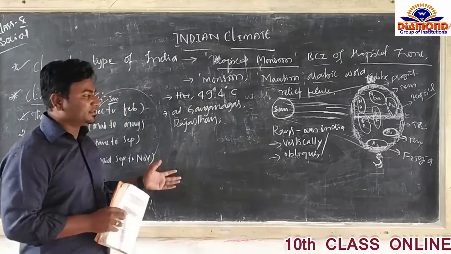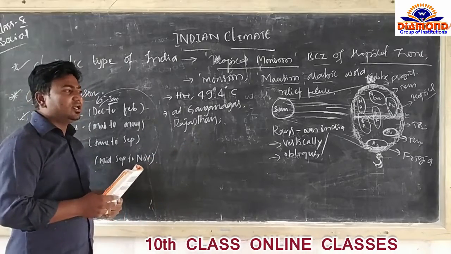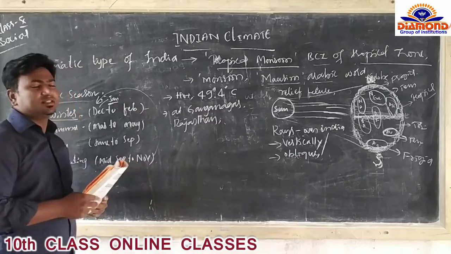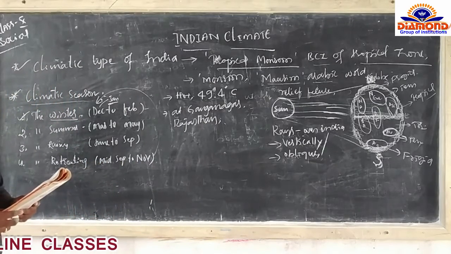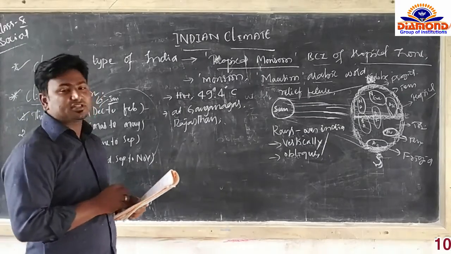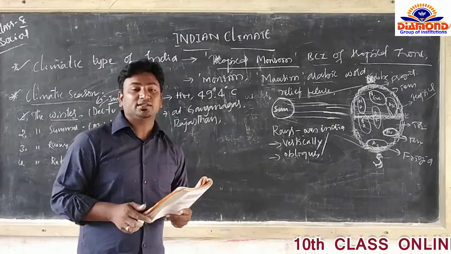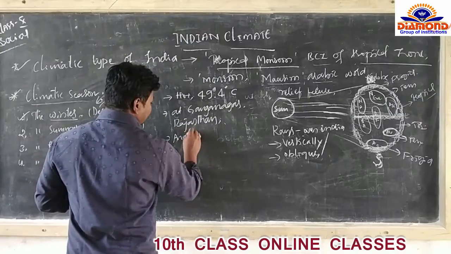This is a very terrific season, because at this moment huge humidity is generated across India. Even at this time we see some convectional rain in some parts of the country. They have local names.